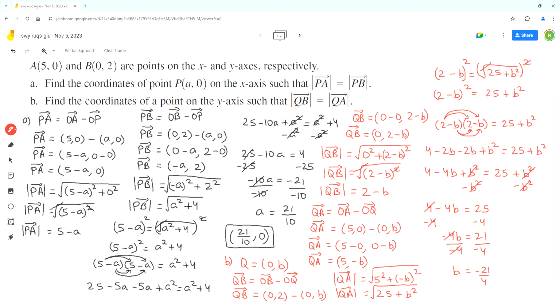So this is the value of b. So that means point Q is at the resulting coordinates. So this should be the final answer for part B.